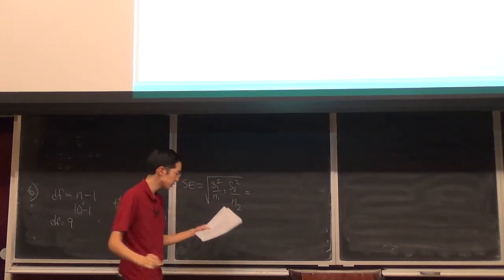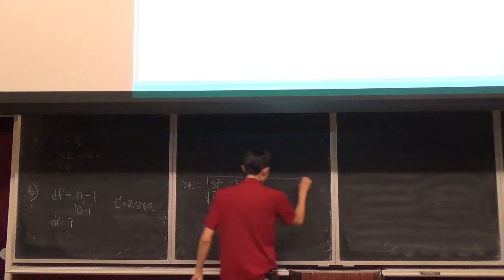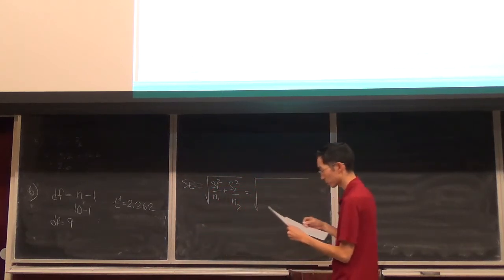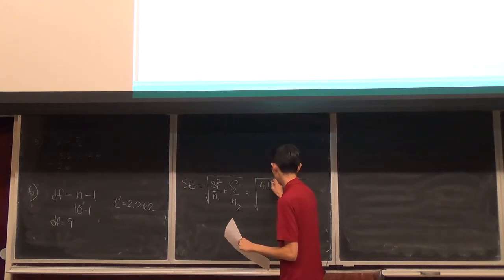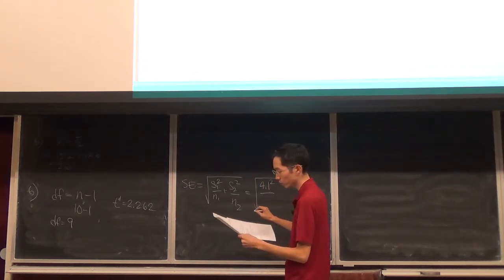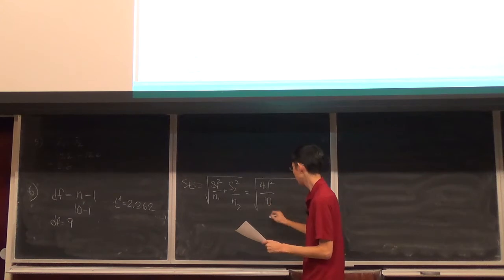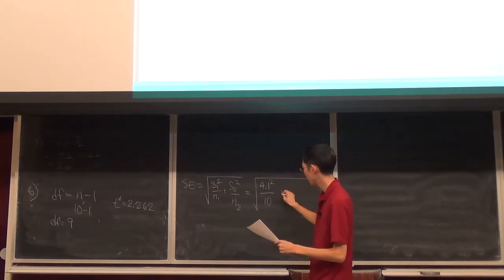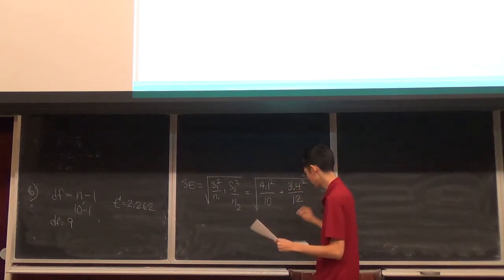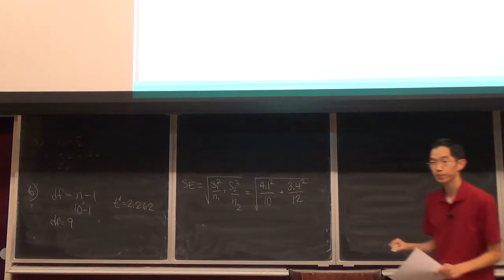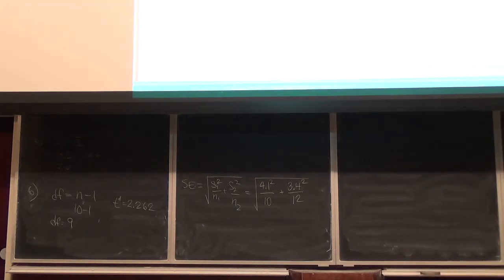And at this point, it's just a matter of plugging in the numbers that you find written in the problem. So the standard deviation from sample 1 is 4.1. We square that over 10 plus 3.4 squared over 12. It's directly from the problem.